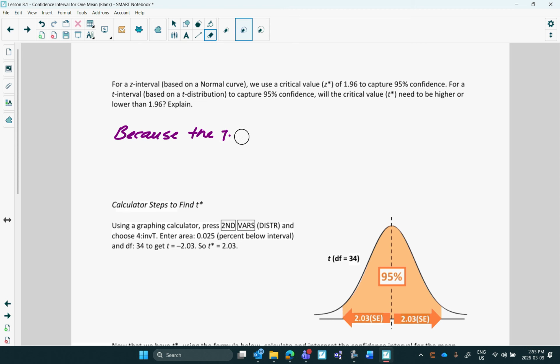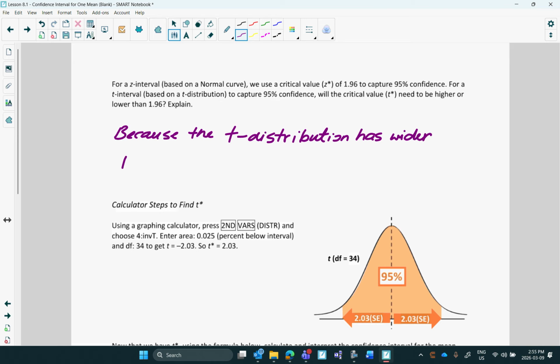Because the T distribution has wider tails, it will be bigger at 95% confidence than normal.